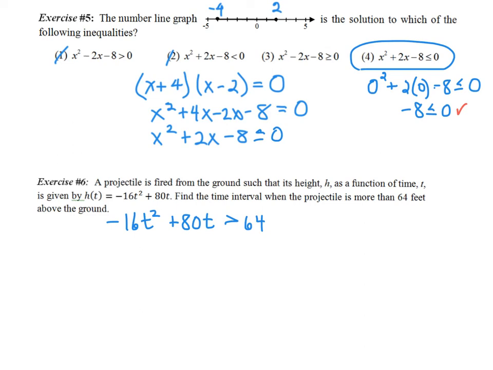Let's start by putting this quadratic in standard form and setting it equal to 0. So negative 16t squared plus 80t minus 64 equals 0. I can factor a GCF out of this, so I'm going to take a negative 16 out. And I'll be left with t squared minus 5t plus 4 equals 0.